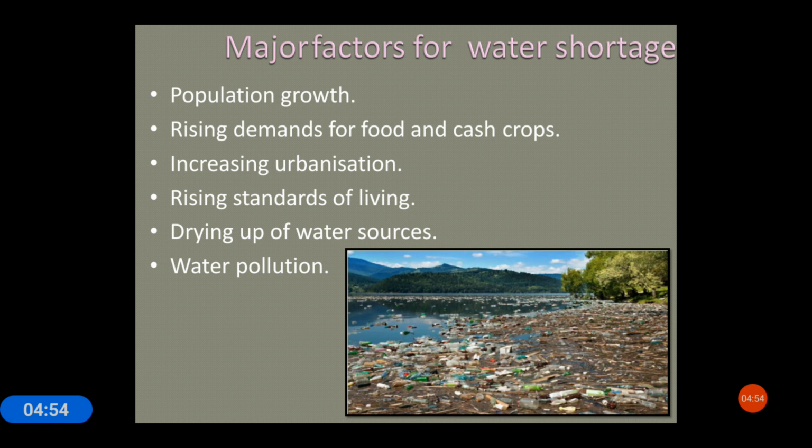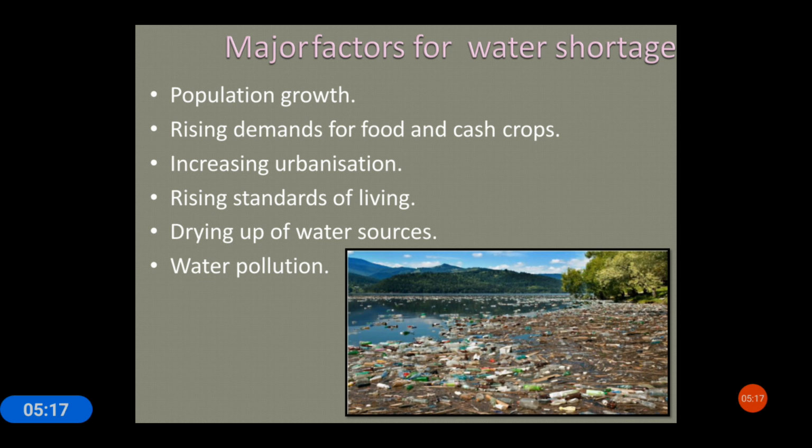Population growth. Yes, day by day the population is increasing, and because of the increase in the population, there are rising demands for food and cash crops. So, we have to meet the demands of the increased population. Increasing urbanization.